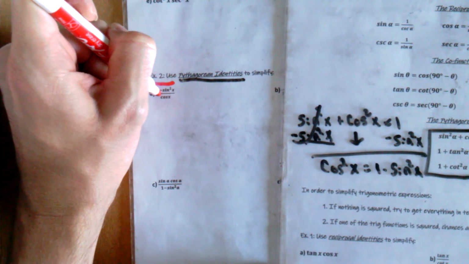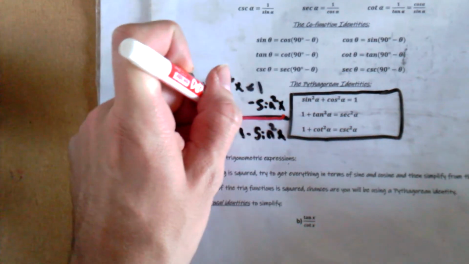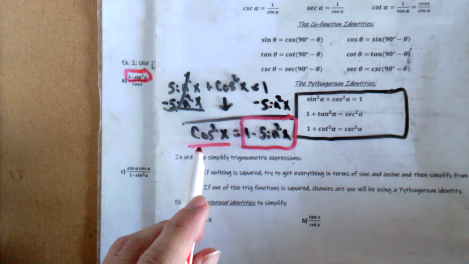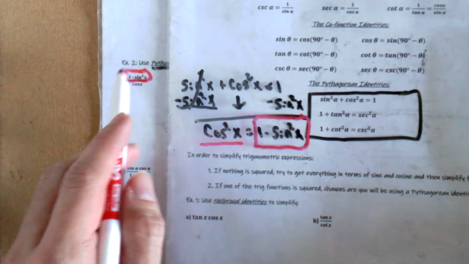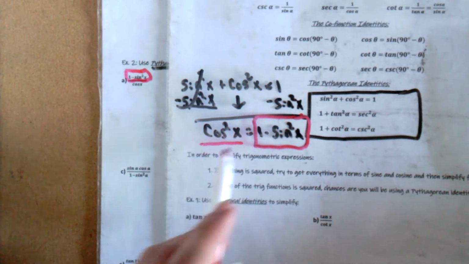So let's replace 1 minus sine squared in our problem with cosine squared, because we see that 1 minus sine squared is actually equal to cosine squared. So I'm going to replace our numerator, the top, 1 minus sine squared, with cosine squared.